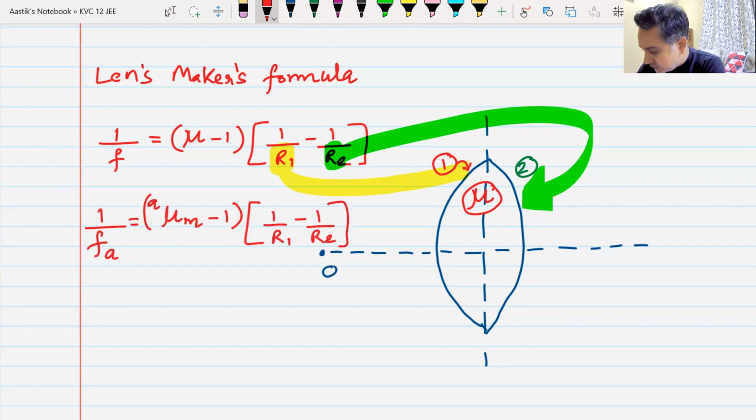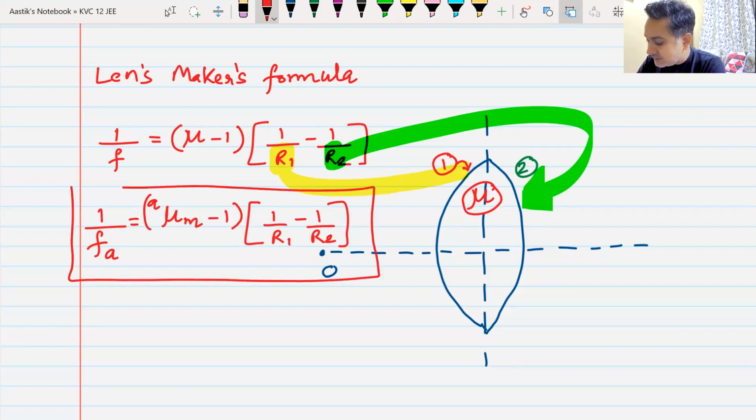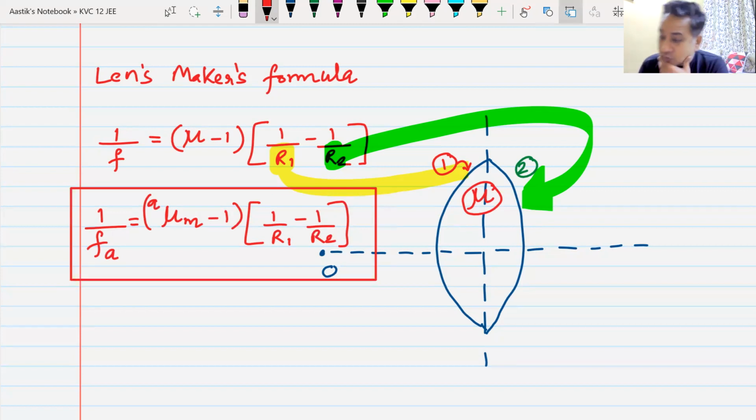So this represents the lens formula in air. Do we understand this? The focal length of the lens if the lens is placed in air.